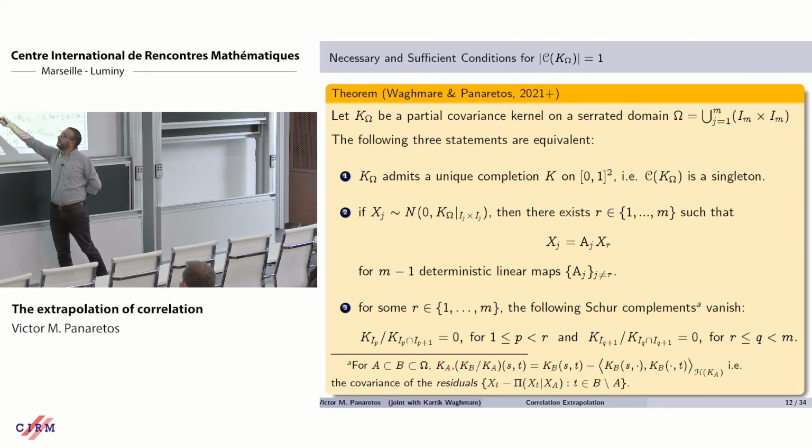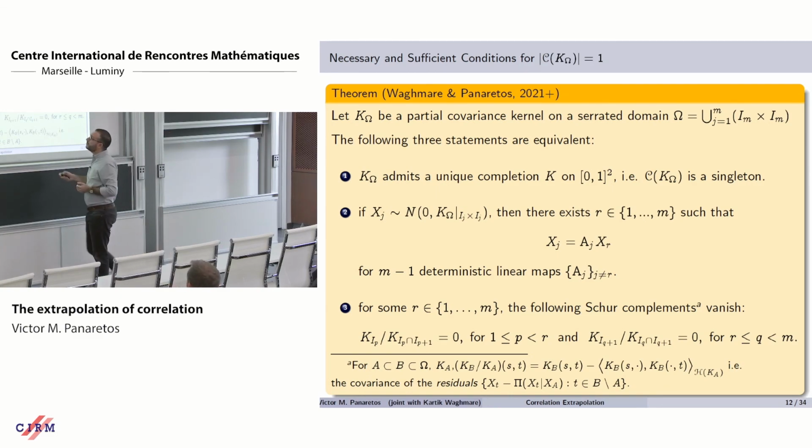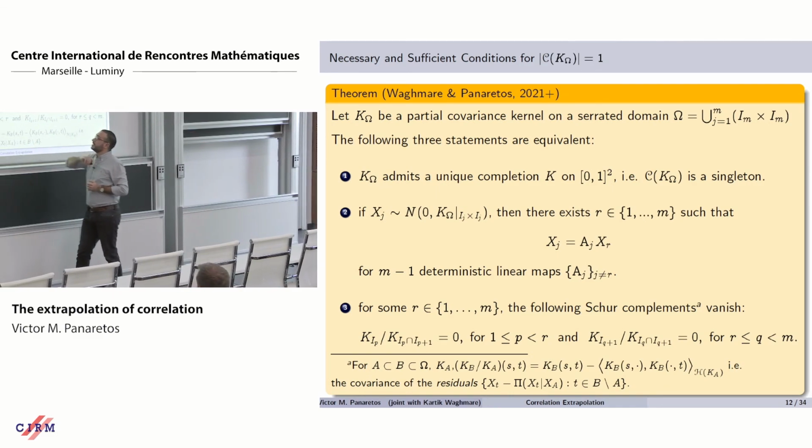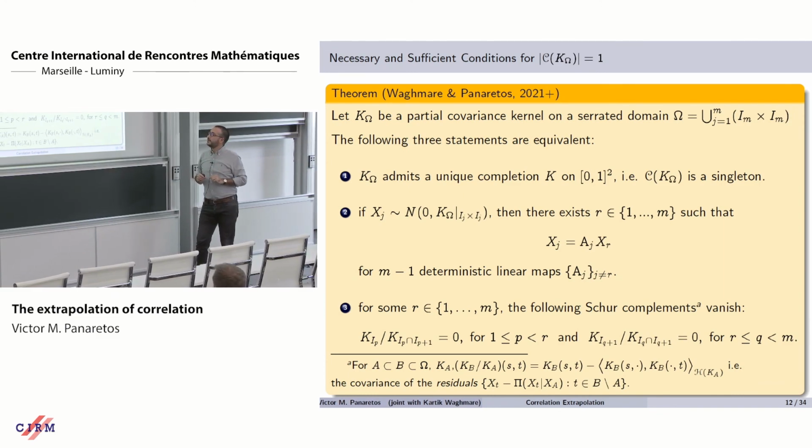Let's just think about the covariance at each of these subsquares as the covariance of a Gaussian process. And so the jth subsquare corresponds to the Gaussian process xj. That's just the restriction of a process on the interval ij.